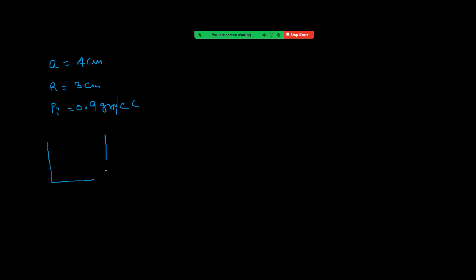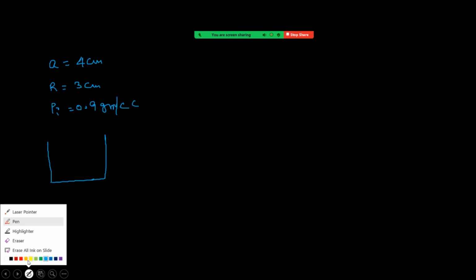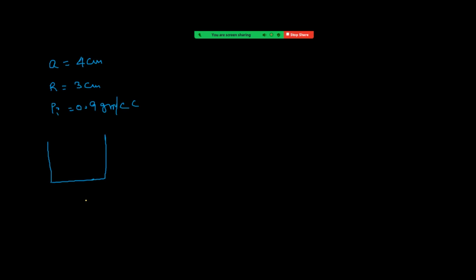Now see what happens. This is now the cylinder. Now having ice, it is a cubical block of ice. This is the ice block. Now it is given that ice is melting in all directions uniformly so that it maintains its cubical shape.